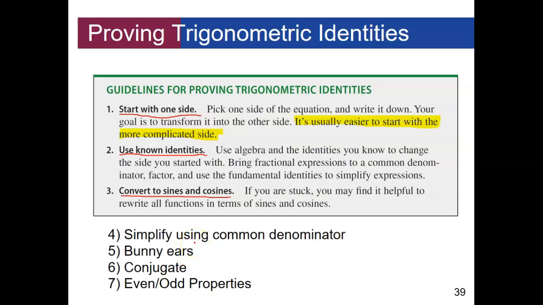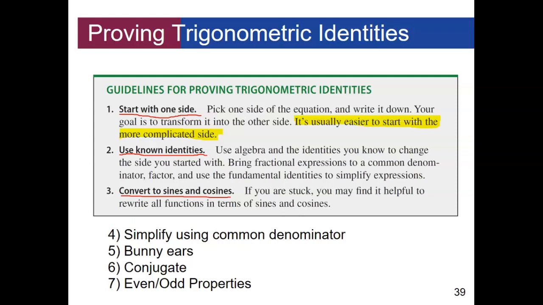Okay, so what we've been doing so far is simplifying expressions. So you start with a complicated expression and you try to simplify it down to something less complicated. Now we're going to move into proving these trig identities, and it's a very similar process, except with these you start with one side. Usually better to start with the more complicated side, and then your goal is to transform it to the other side. So it's like you already know what the answer is.